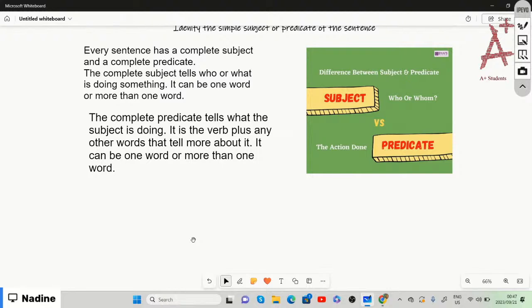It is usually the verb plus any other words that tell us more about it. So it can be one word or more than one word. All right. So that is basically our lesson on subject and our lesson on predicate, right?